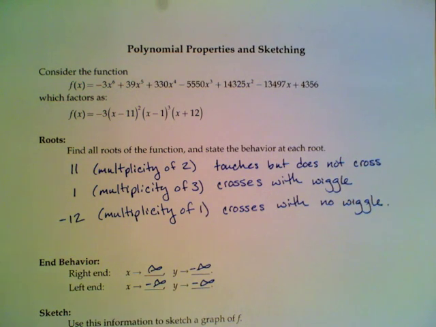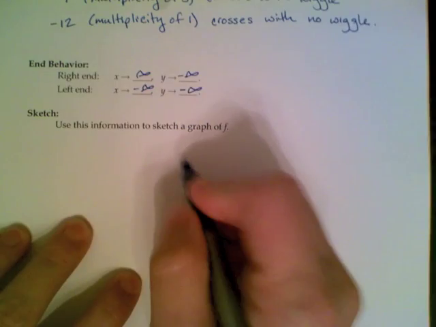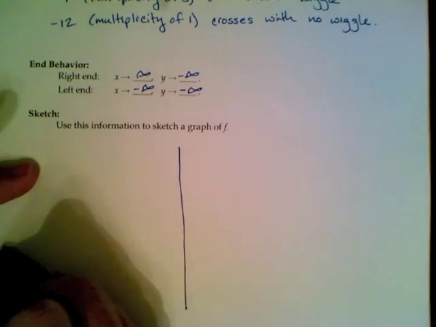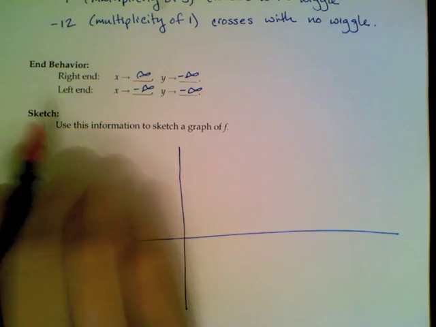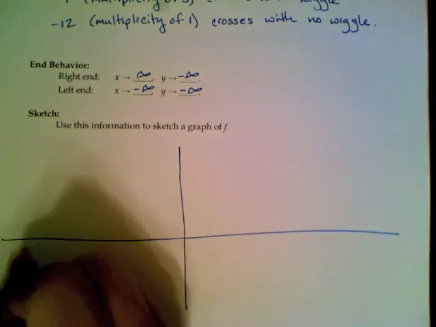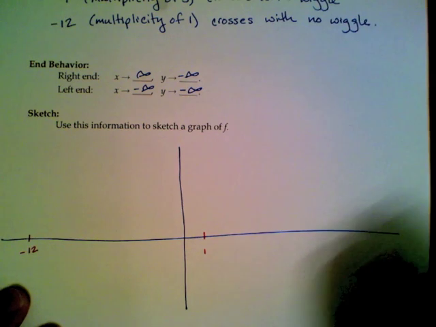Now finally, I want to sketch a graph of this function. Now this is going to be a rough graph. It is not intended to be anything precise. I am testing your ability to pull all of this information together and synthesize it and get a good idea of what this function looks like. I know that it has roots at negative 12, at 1, and at 11.